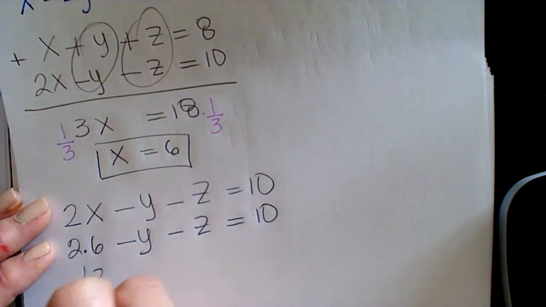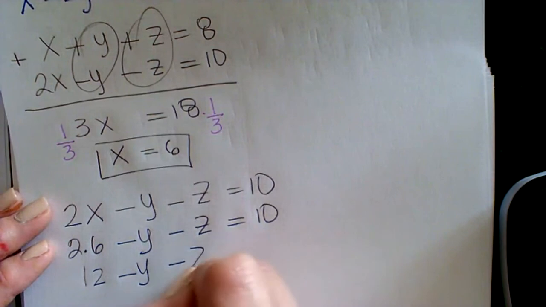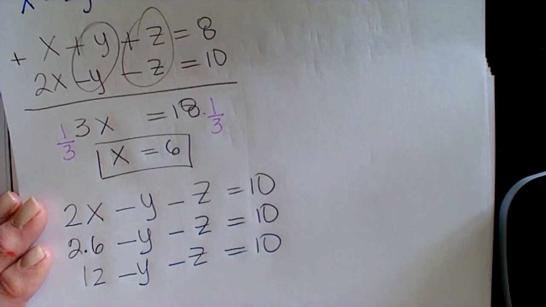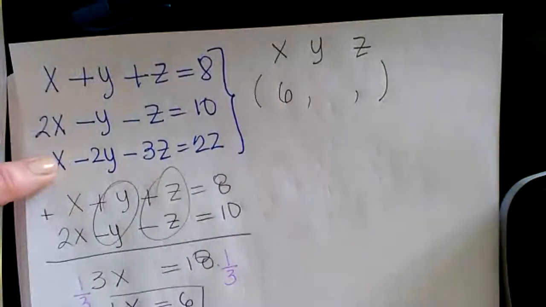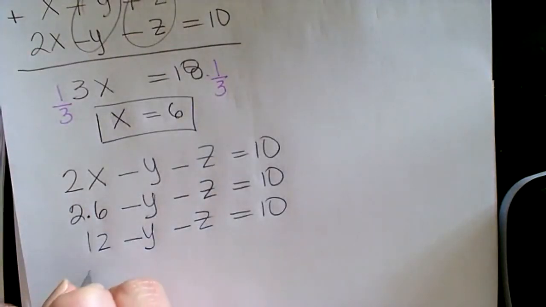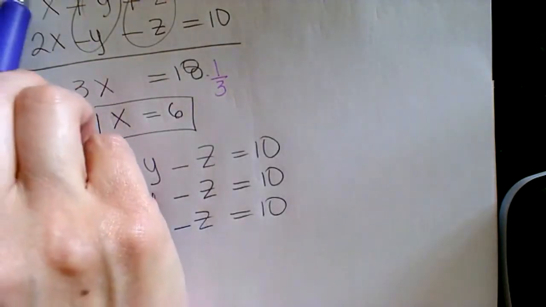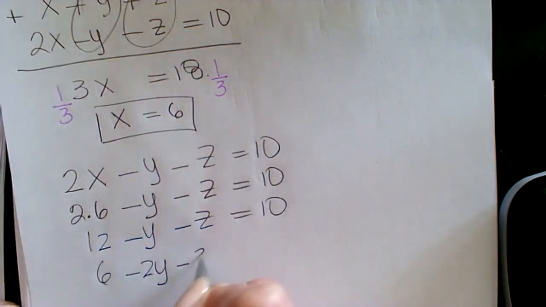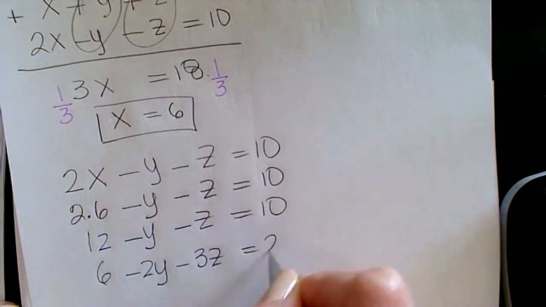So this is going to be 12 minus y minus z equals 10, right? And I can go ahead and replace it on this one too. So it's going to be what? 6 minus 2y minus 3z equals 22.